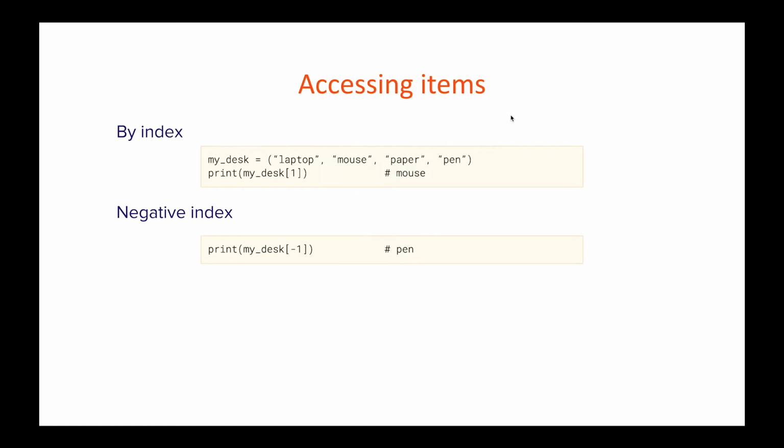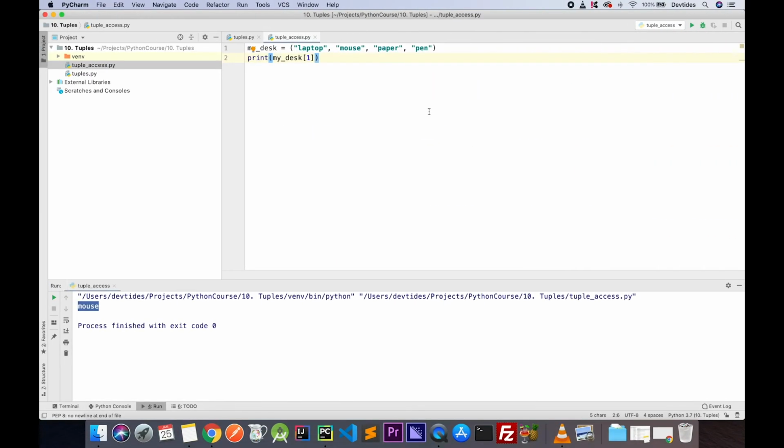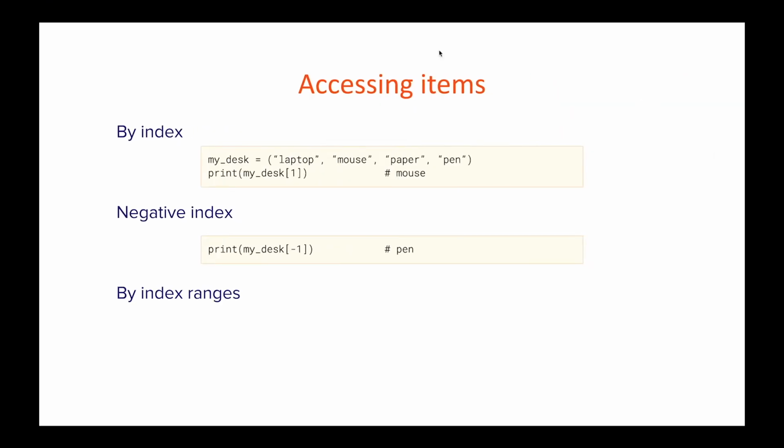Of course, as we're used to, we can use negative index as well. So let's go ahead and print my desk -1. Index -1 is going to give us pen. It's the element at the end of the tuple. And then, of course, we have our usual ranges. So we can take a subset, a subtuple, if you will, from the original one.